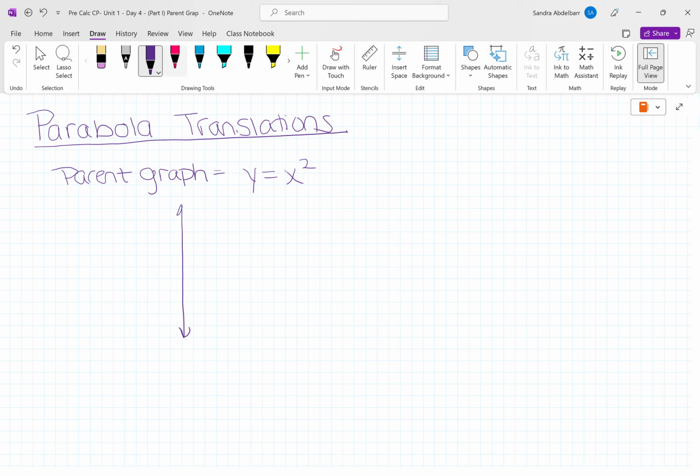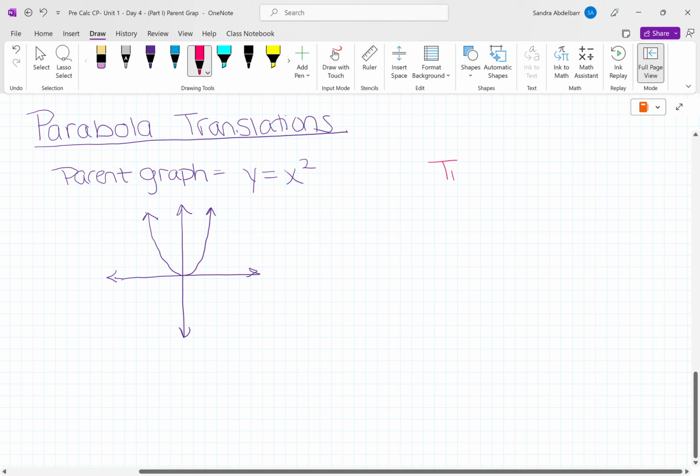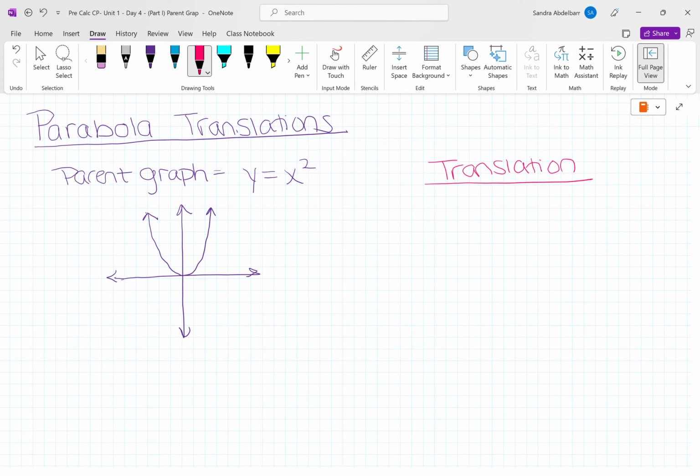Do we agree? All right, so now let's talk about the translation. If you take your parent graph and now you have the format of y equals a, open your parentheses, x minus h, close your parentheses, squared, plus k.